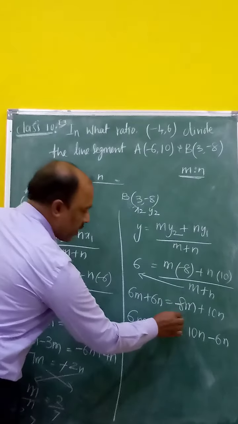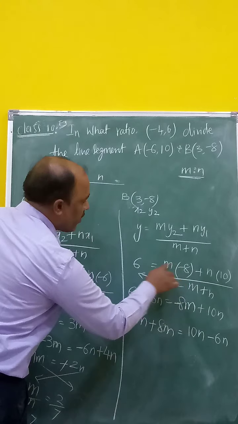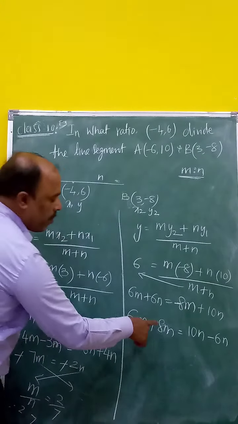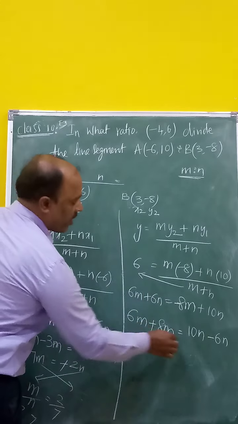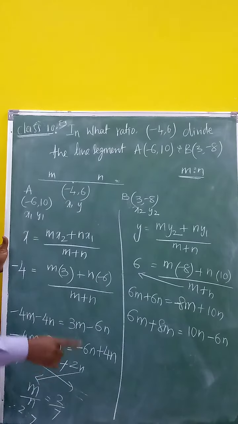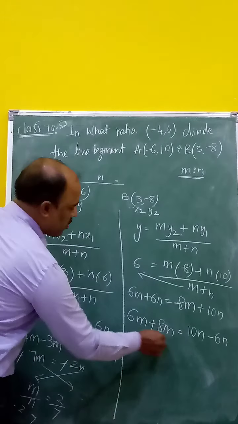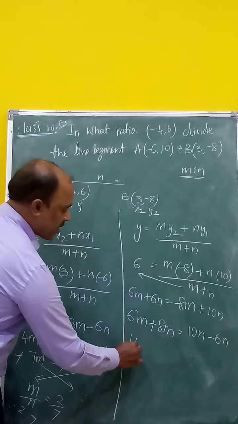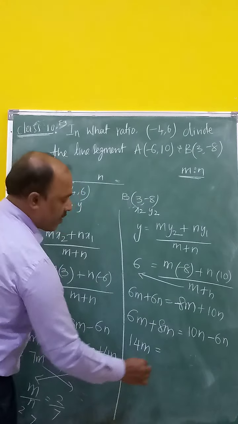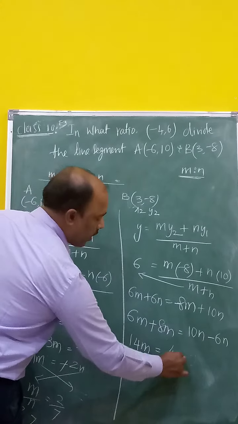Okay? Here just the minus was missing. Minus 8 into m, minus 8m. If you transpose to the left side, 6m plus 8m is equal to 10n, no change. 6n transposed to the right side again: 10n minus 6n. 6 plus 8, it's 14m. Next, 10n minus 6n, it is 4n.